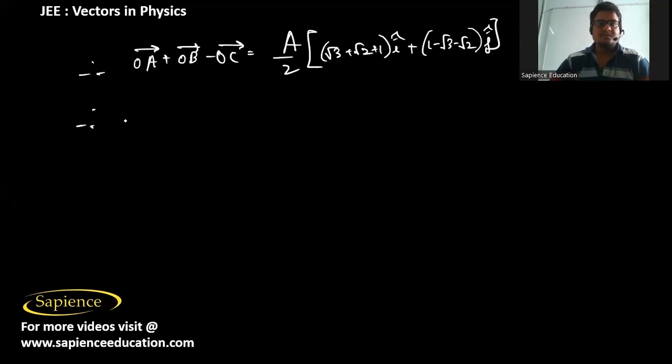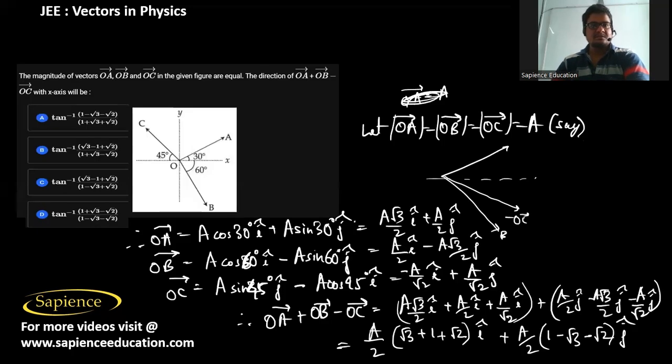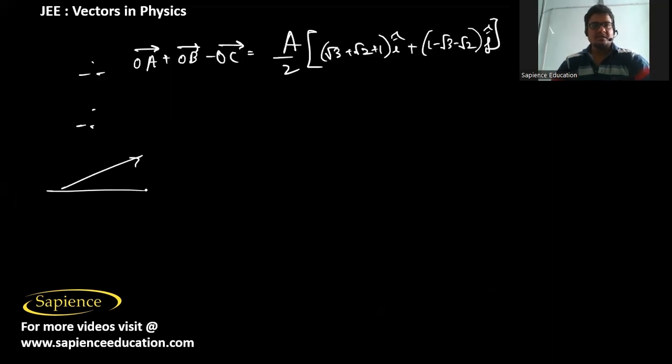So if this vector makes an angle theta with the x-axis, let's call this vector p. Then p vector makes an angle theta with the x-axis. Its x component will be px, y component will be py.